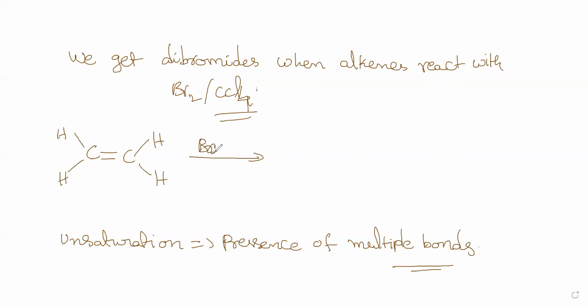When you take this Br2/CCl4 mixture, the bromine will add to both the carbons. It's like this: one bromine will be down, one bromine will be up. This is called anti-addition, actually speaking.